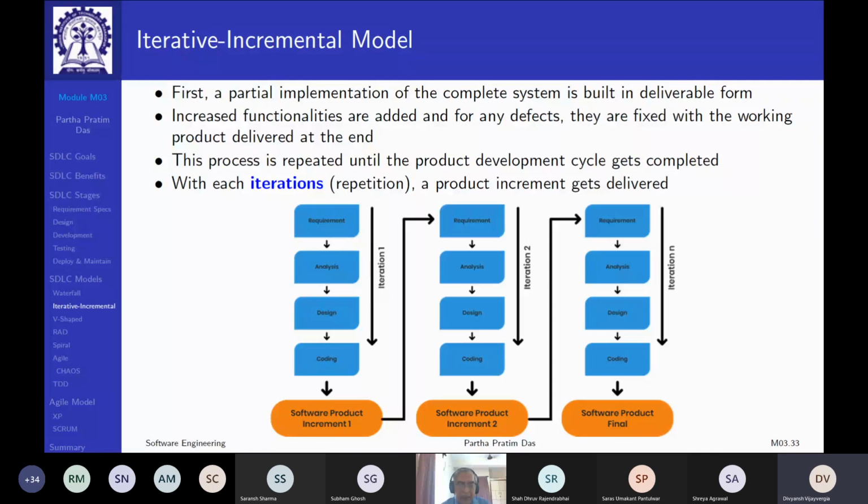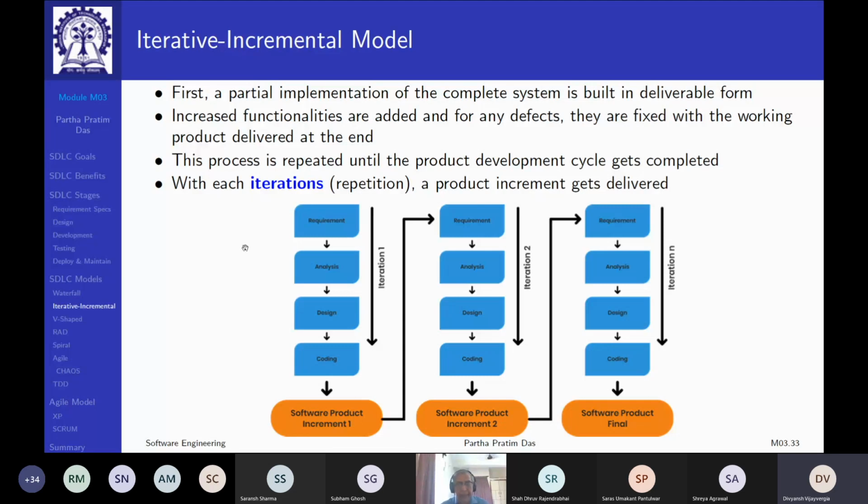But within one iteration, you follow a waterfall, and the important thing is the iteration should not be very long. For example, if the entire project life cycle is estimated to be 6 months, maybe an iteration would be 1 month, or maybe 6 weeks, and so on, so that you can have multiple iterations.